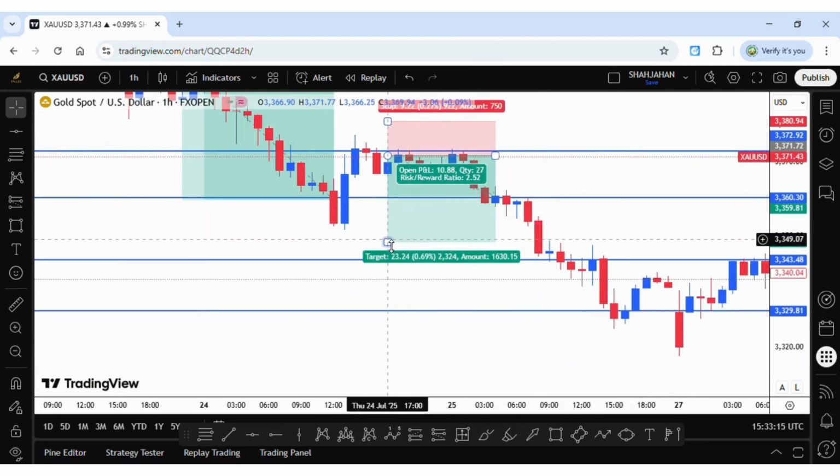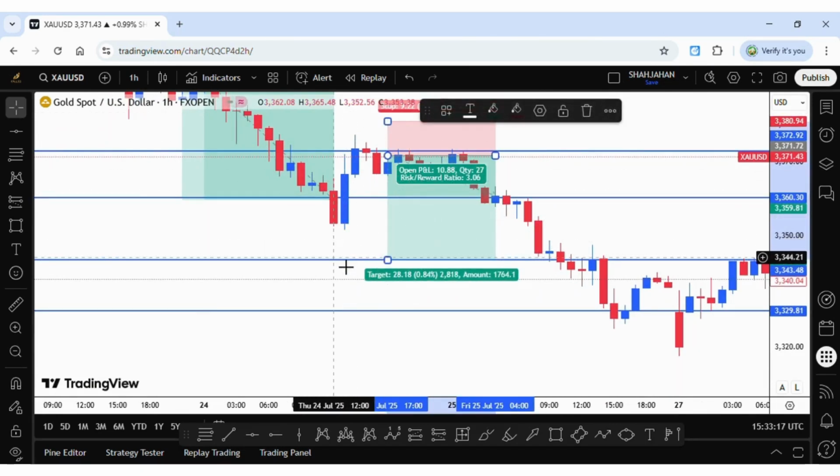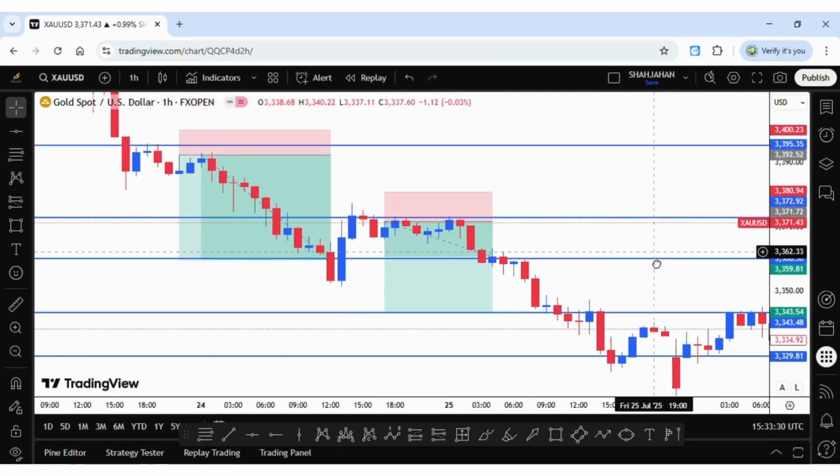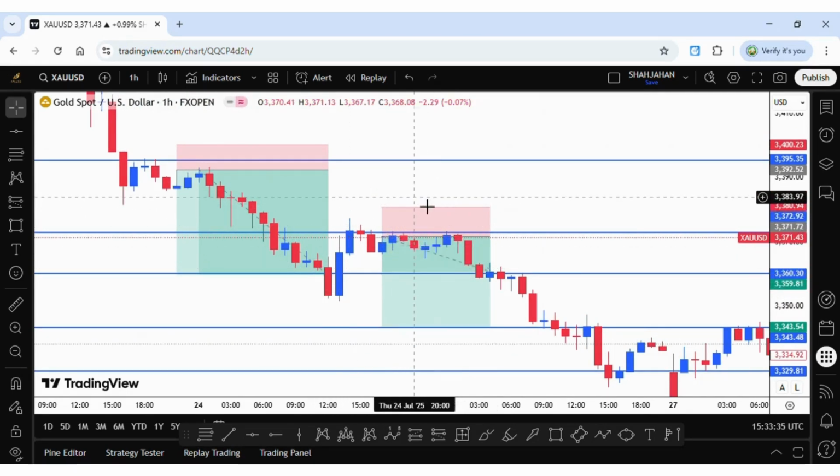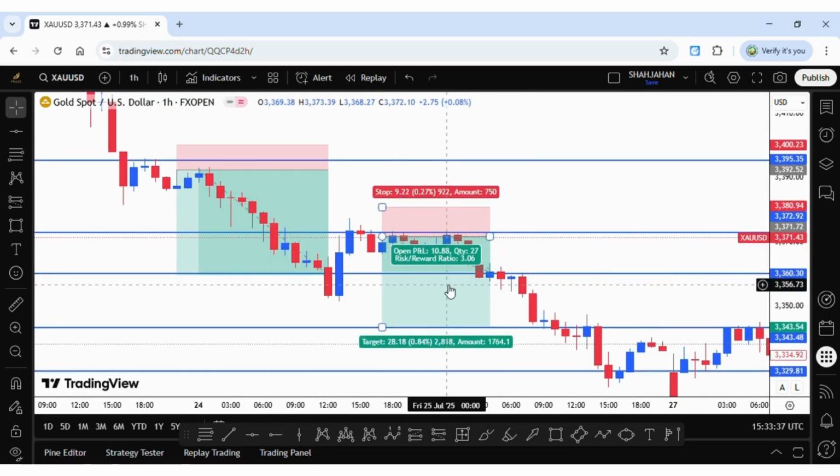You can target your second higher low, which is placed on the buy side, but you have to target your nearest TP. Okay, so you can see the risk reward 0.27 and 0.84. This is almost 1 to 3 risk reward. This is the best risk reward if you follow this rule.